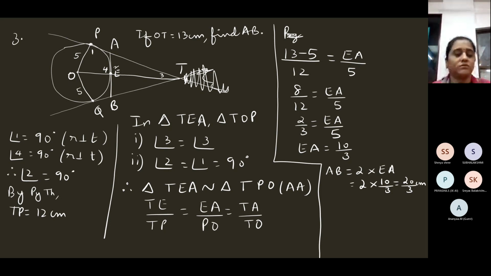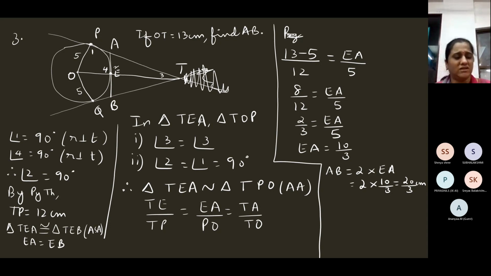So we know that, you can just mention, triangle TEA is congruent to triangle TEB by ASA congruence criterion. So EA is equal to EB.